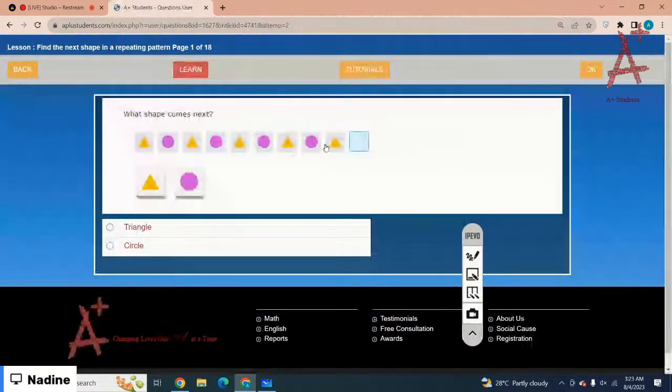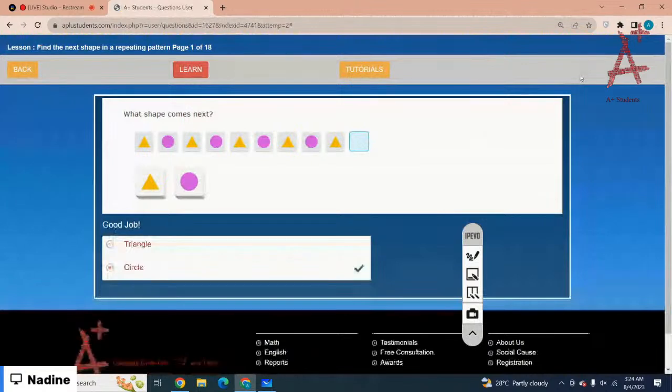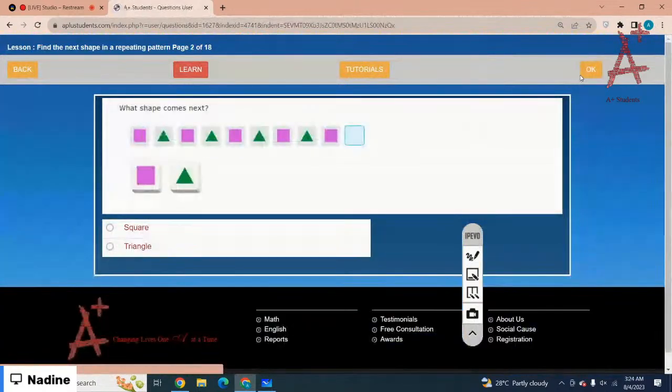Okay, what shape comes next? Which is the correct option? The correct option is circle because the pattern repeats itself over and over, right? Right after a triangle, you have a circle. So the correct option is circle. Which shape comes next?